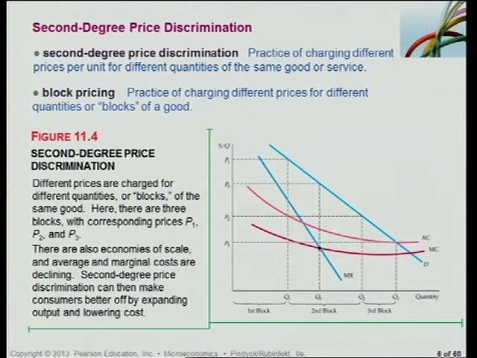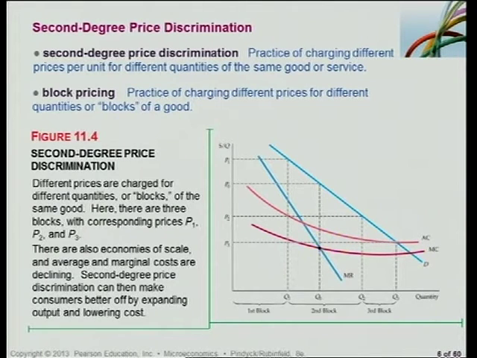Now, let's look at what second-degree price discrimination is. It is the practice of charging different prices per unit for different quantities of the same good or service. So the price that will be charged to you is based on how much you buy or how much you consume.